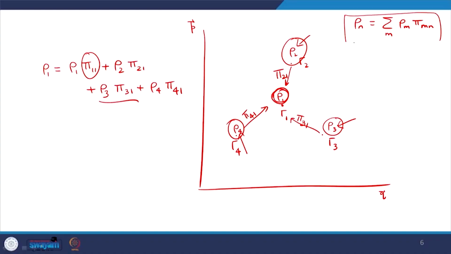So, there is one more way to put this relation. This is called somewhat a weaker condition, but there is a stronger condition that also ensures this particular weak condition, and that condition is referred to as the condition of microscopic reversibility or detailed balance.